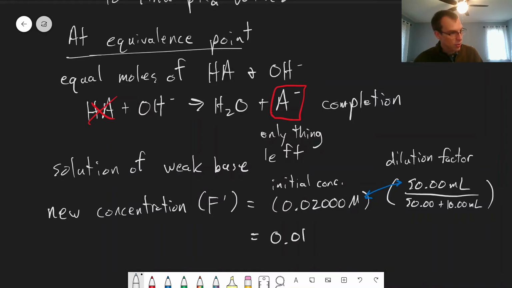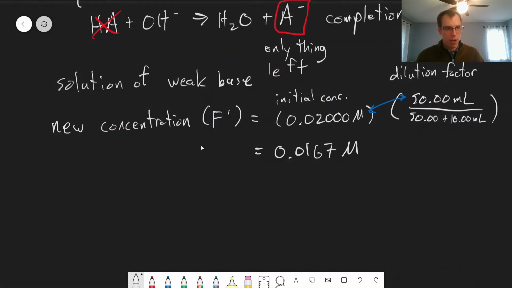It'll be 0.0167 molar. And then we're still going to do a weak base problem. So we need to solve Kb is equal to x squared over F prime minus x. All right, so we're going to need to find Kb, and F prime we just found. So then we're going to solve for x.